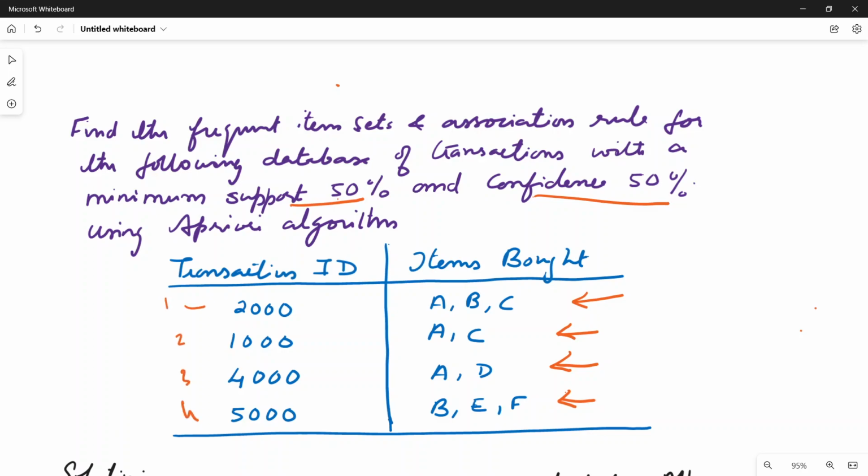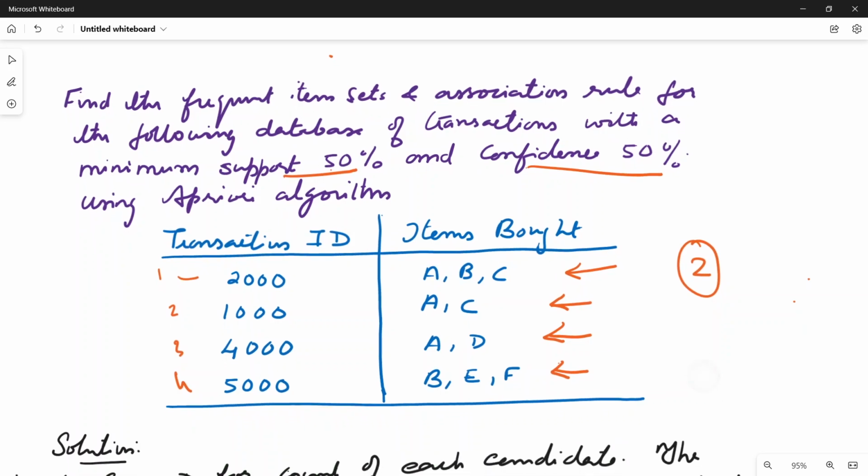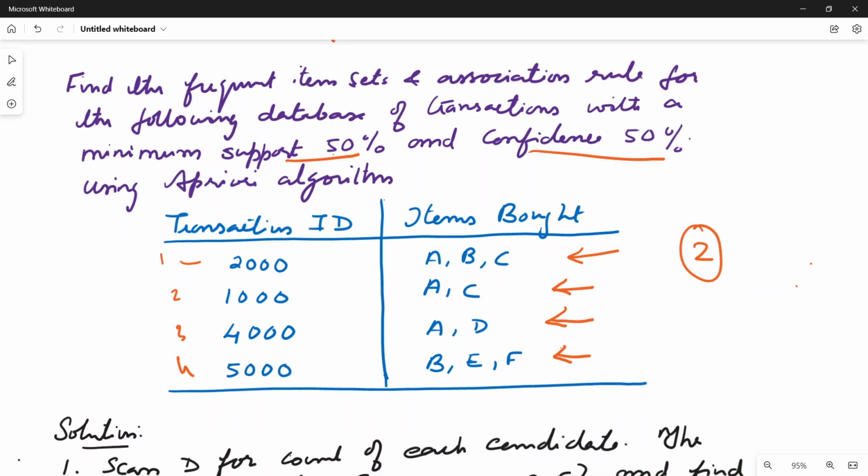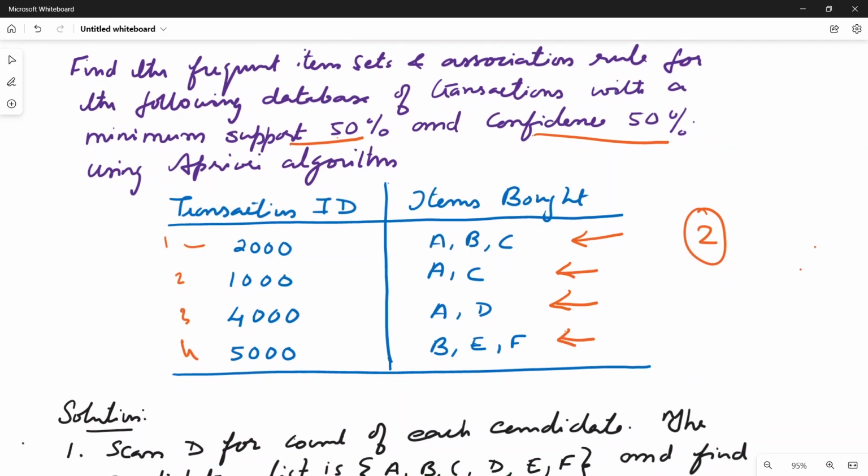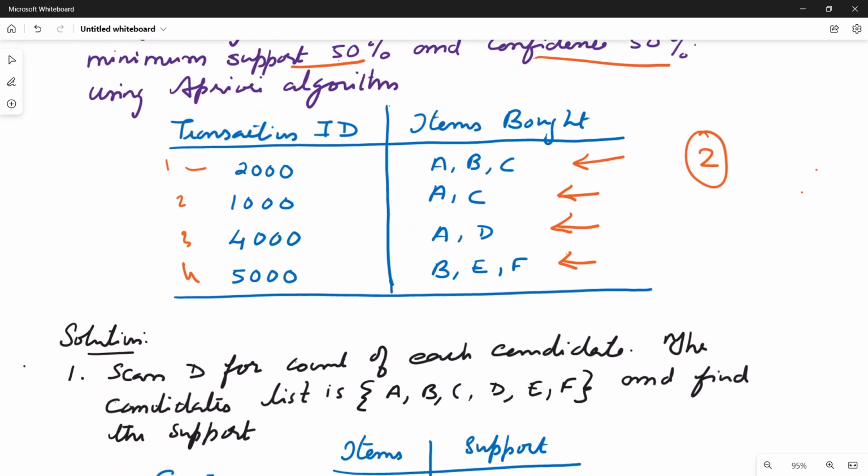So 4 transactions are there. Minimum support 50% means 50% of 4, which is 2. So the items should satisfy the minimum support of 50%, and the confidence of 50% also.